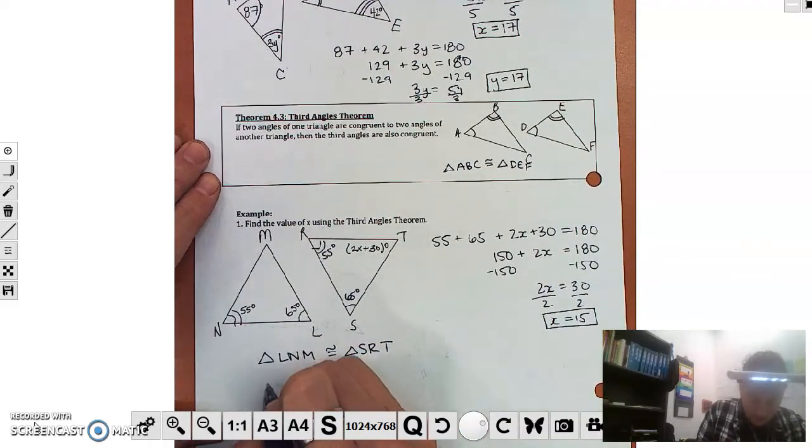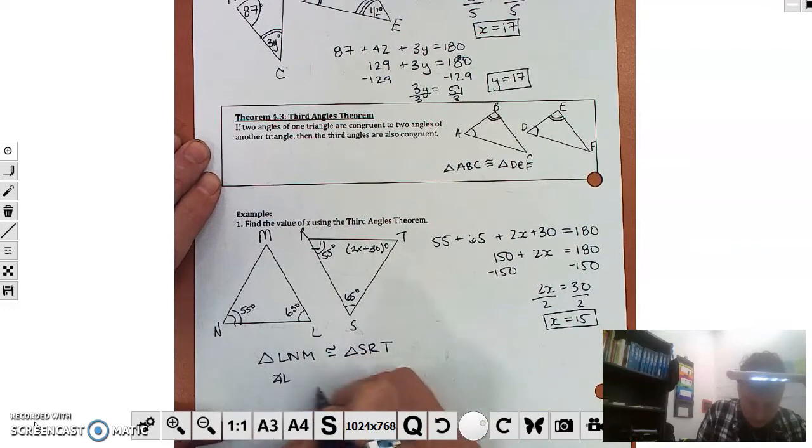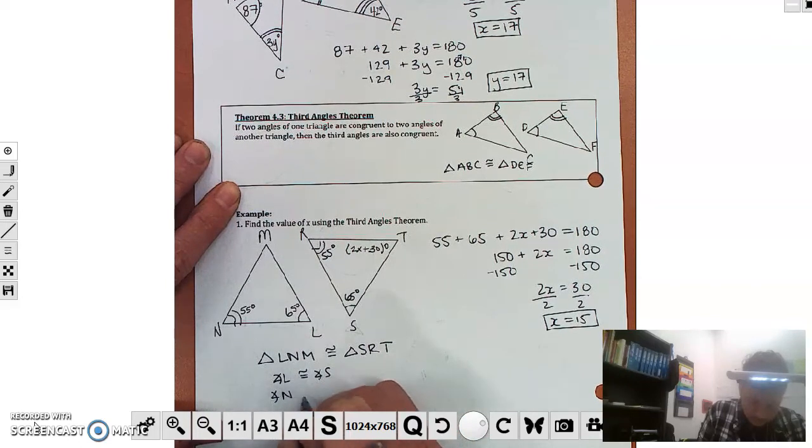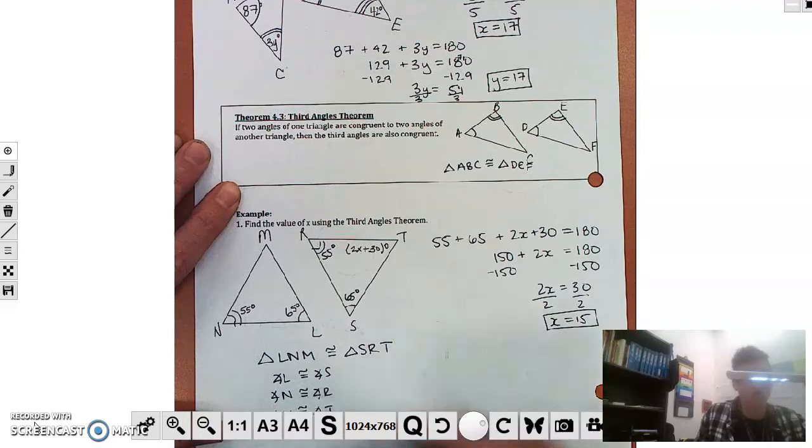All the parts that are congruent in this triangle. So, angle L is congruent to angle S. Angle N is congruent to angle R. And angle M is congruent to angle T. That's all the angles that are congruent.